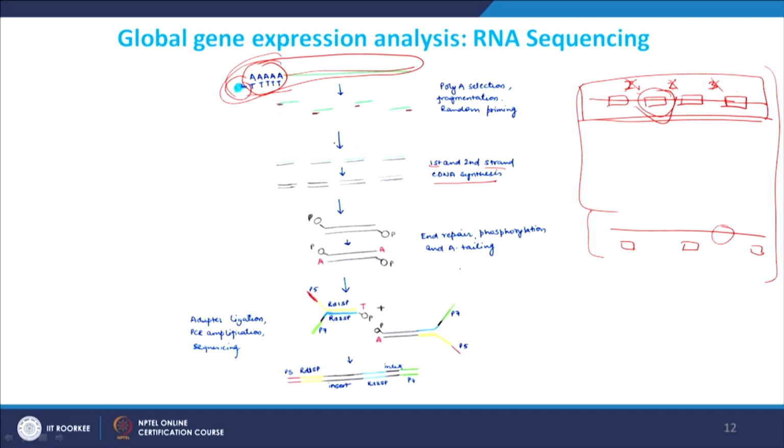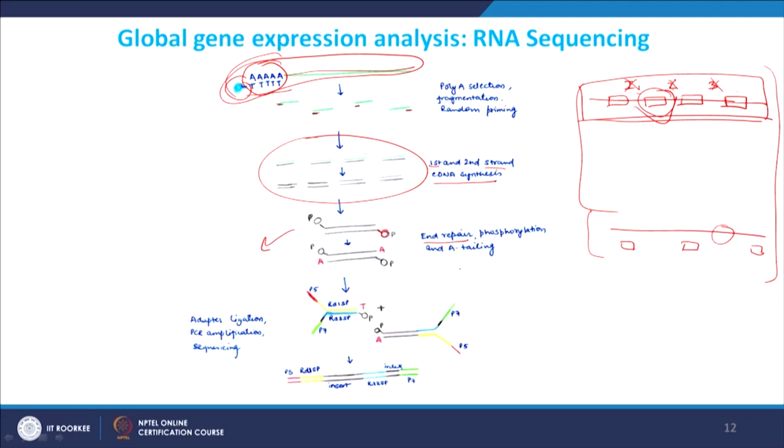So, basically you are generating different small fragments of double stranded cDNA. And then one important thing you can do is put the phosphate. Normally the primers do not have phosphate at their end. So, then you can provide phosphate, because if you have to use this for the further ligation process, if they do not have phosphate at their end, then they cannot make a phosphodiester bond.